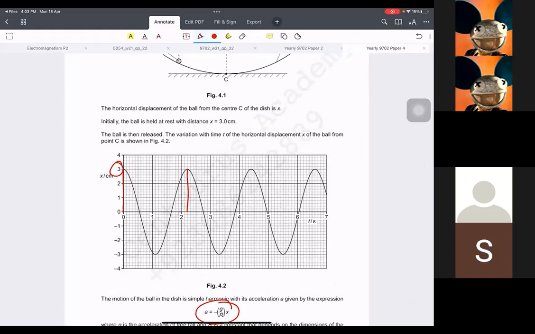I used it but my final answer was wrong; I forgot that v naught equals omega x naught. Yes, the equation would be x equals 0.03 cos 2.9t. Then you have to differentiate and put in the time for the maximum, so it is going to be very long.